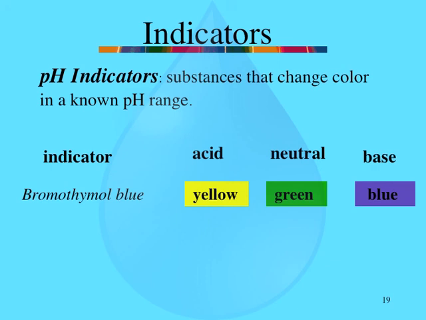In a base, you have very few H+ and a whole lot more OH-, the hydroxide ions. And in a neutral solution, you have equal amounts of acid and base, and yellow and blue together, what do they make? What color? Green. There it is.